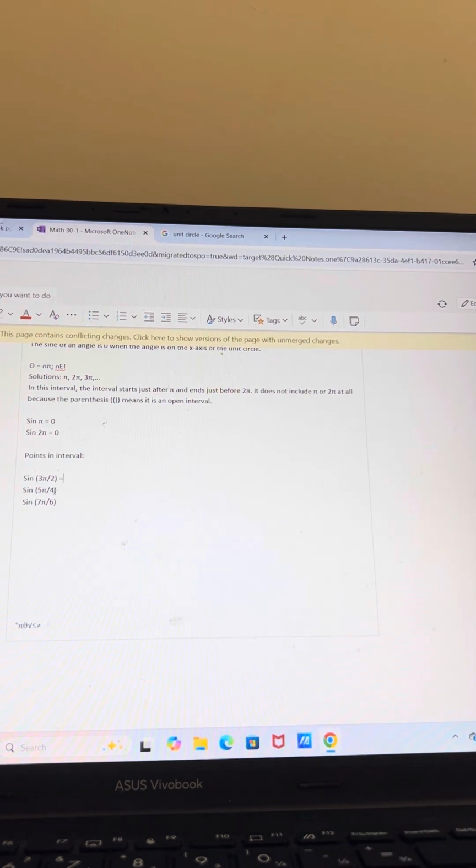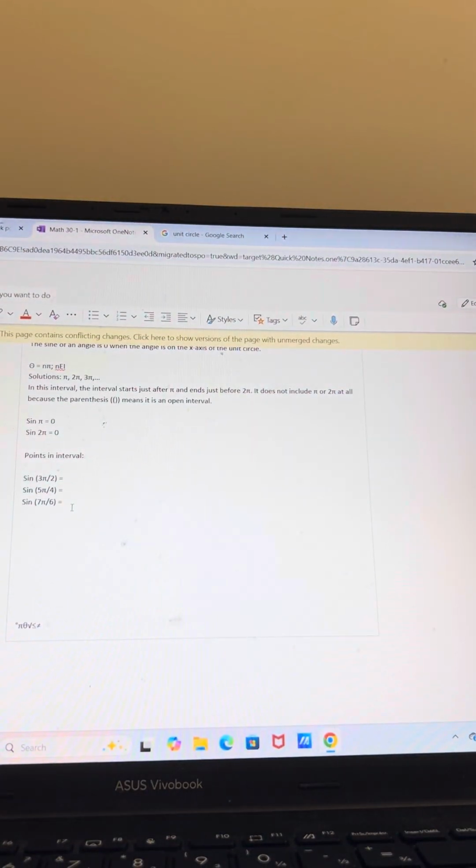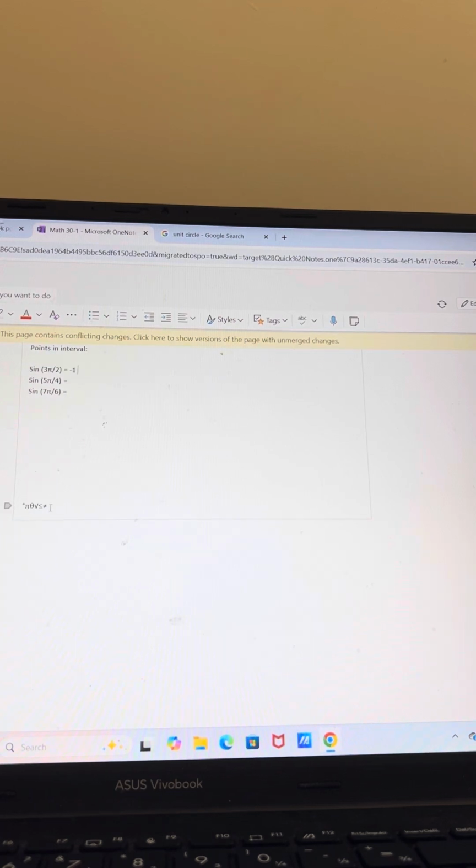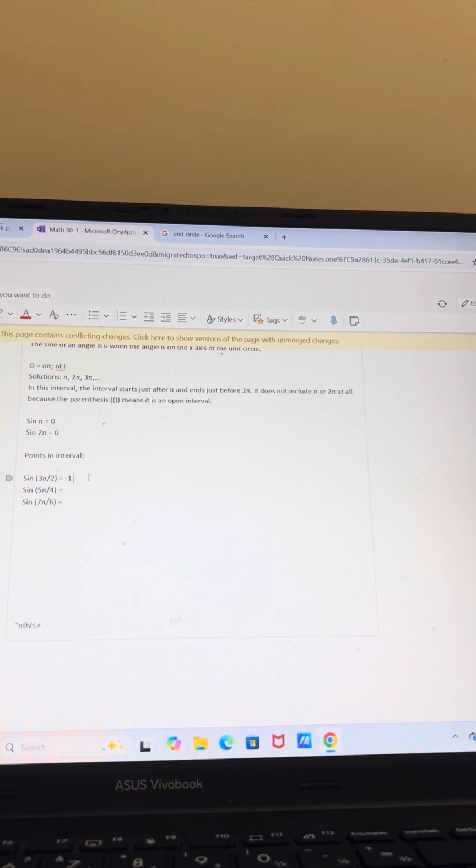And I'm just going to quickly calculate sine of all three of these, and I'll give you the answers. So we have sine of 3 pi over 2, and here it says -1, and -1 unfortunately is not equal to 0. Let's go to the second one here.